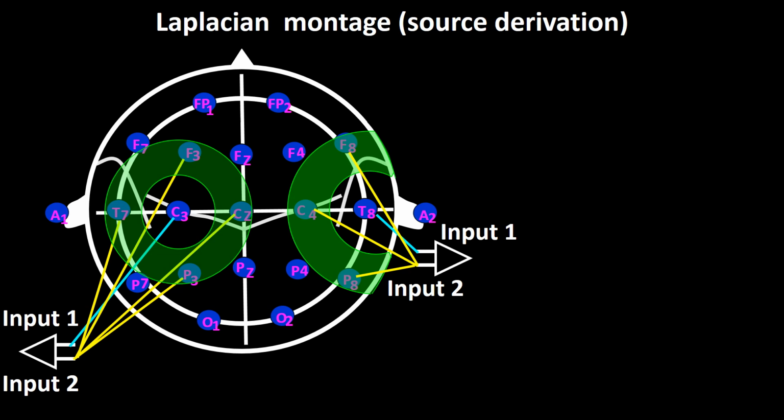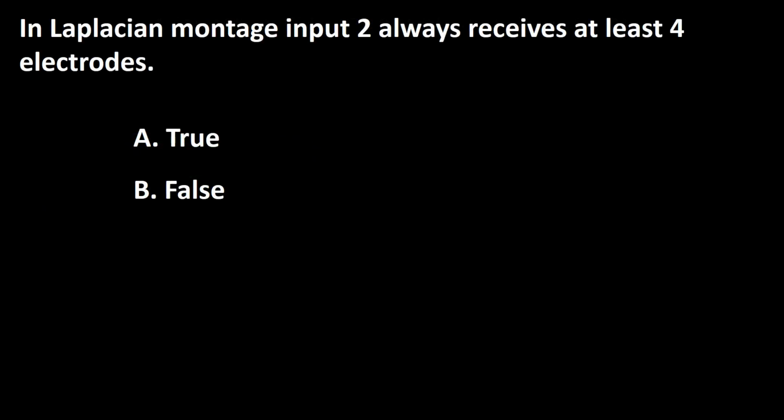Hence, comparison with other electrodes receiving 4 electrodes through input 2 will be flawed. That is, the comparison of electrodes at the edge, which only have 3 electrodes entering through input 2, to those in the middle, which have 4 electrodes entering through input 2. So the answer to this question is false.